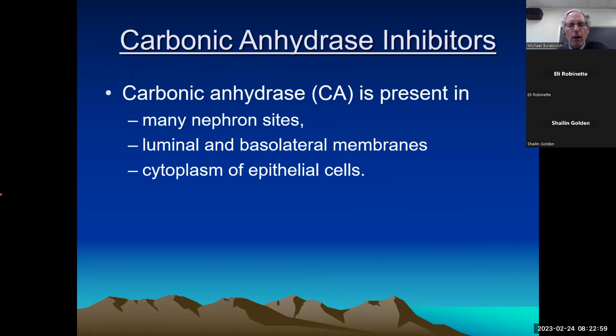So it's found all over the nephron. It's found both at luminal and basolateral membranes. It's found in the cytoplasm of epithelial cells. There's a soluble version of carbonic anhydrase that's found in blood. It's just everywhere.